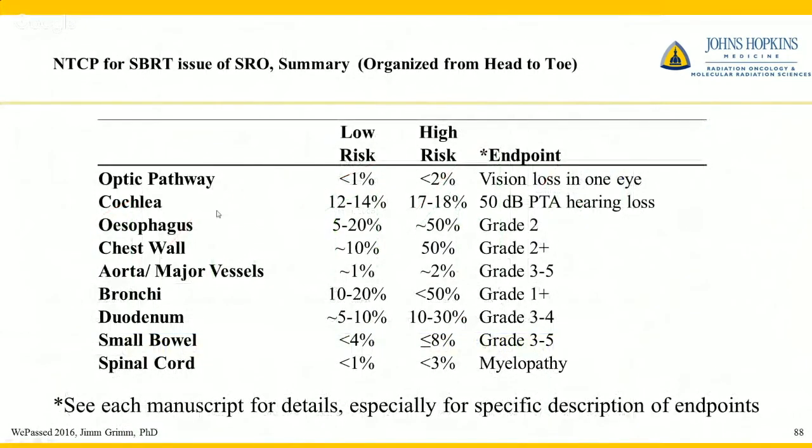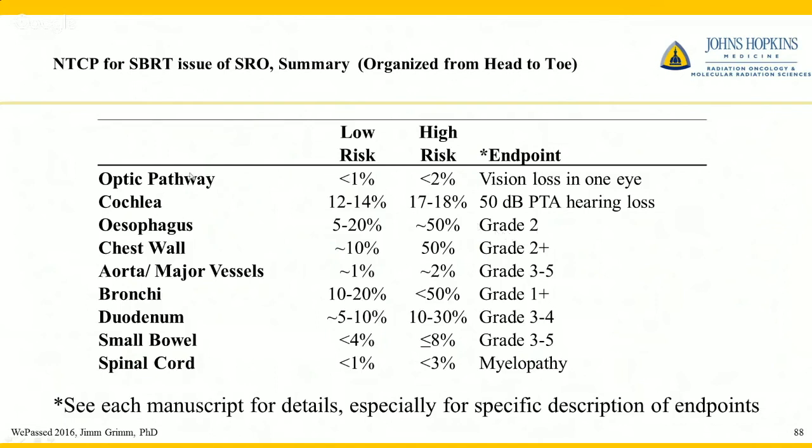So this is an overall summary of the whole issue of Seminars from April, all the 10 critical structures, and low risk and high risk. You can see the variation depending on the severity. So something like chest wall, 5 and 50% risk level for a lesser severity complication is more acceptable, or esophagus, 5 and 50% risk level, because there were no grade 3 or higher in that data set.